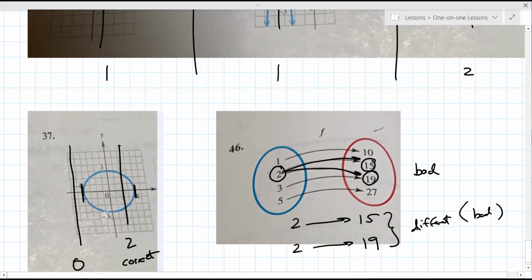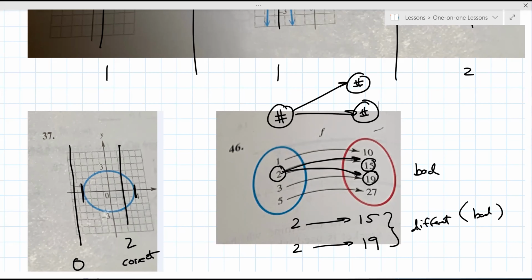So it sort of violates what I said earlier, where you look for the duplicates. But if you were to write these out as ordered pairs, you would see the duplicates in them. Because 2 goes to 15 and 2 goes to 19. Well, that's not possible. So the other situation is a number going to two different numbers. Perfect. That makes sense.